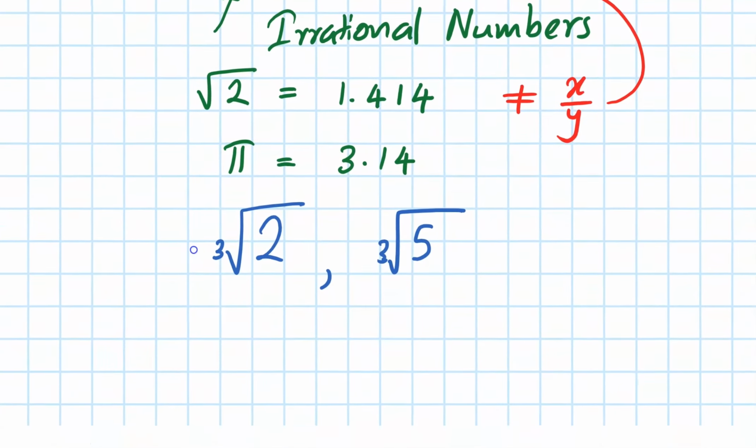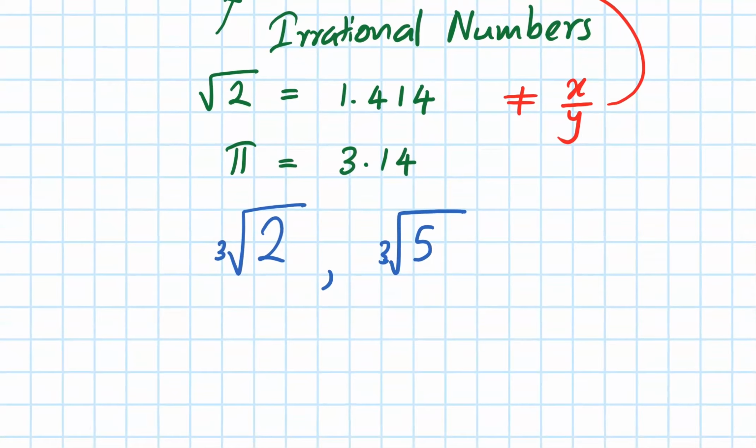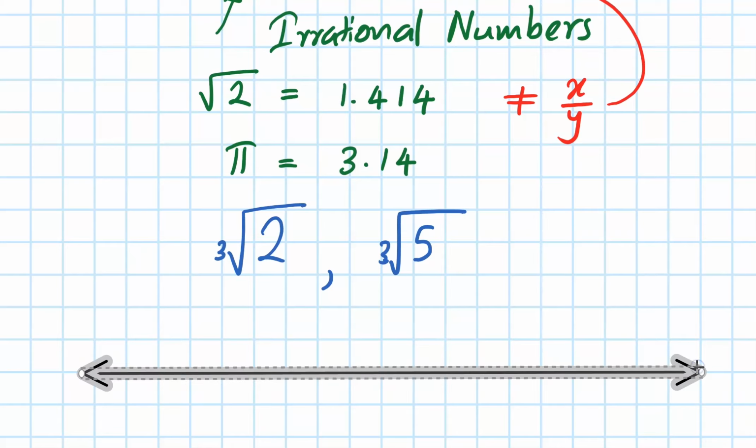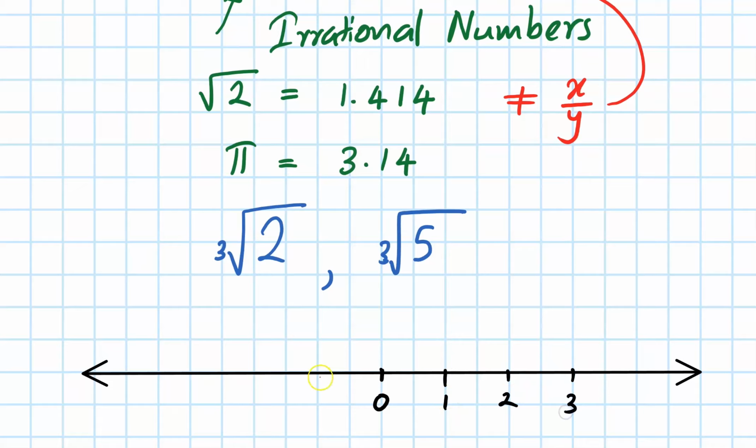Well, now let's have a look at a number line here. Let me get the number line. I can even put some arrows. So that's there, and I can say right here 0, and this is 1 and 2 and 3 and so on and so forth, and here -1, -2, -3 likewise.